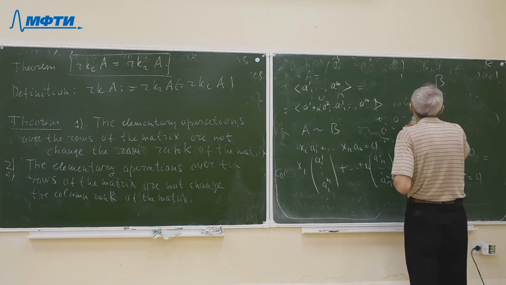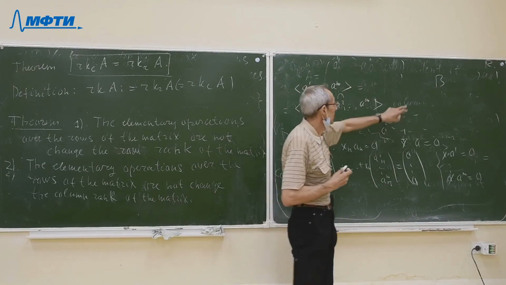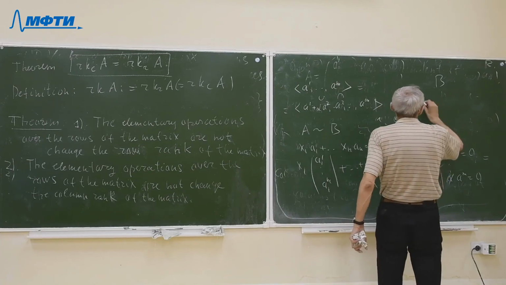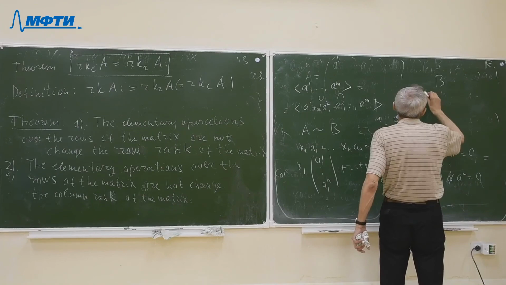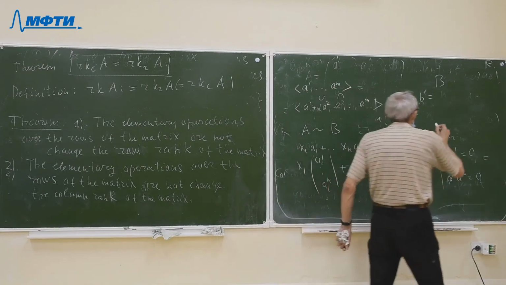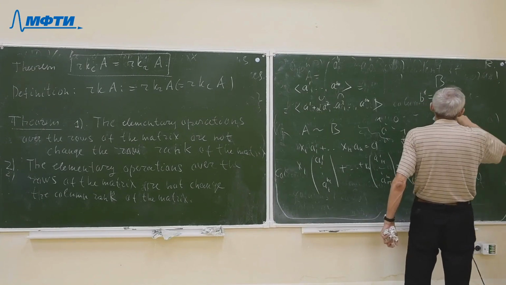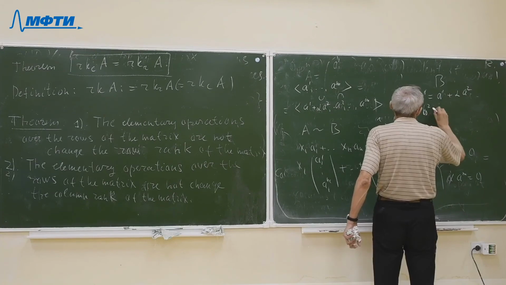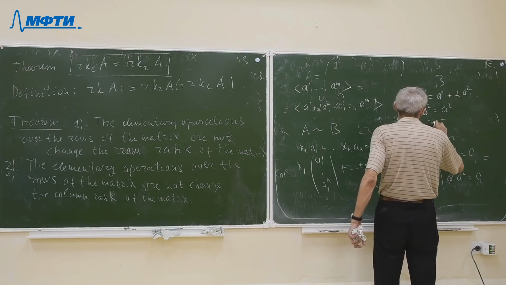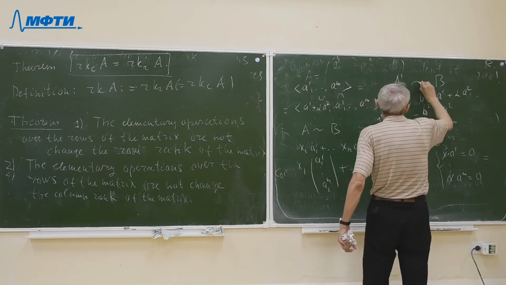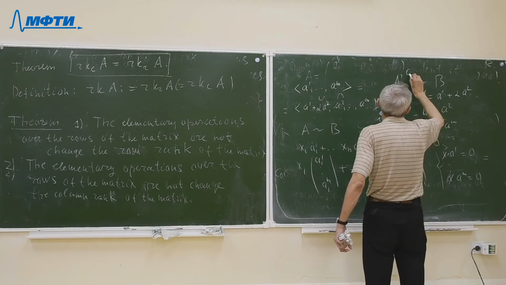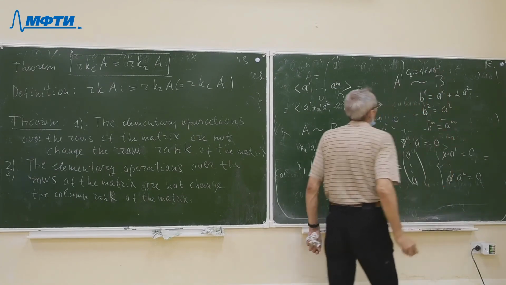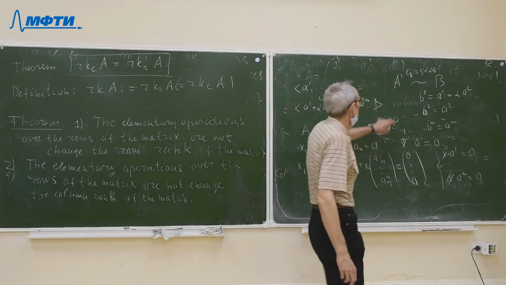Let I have a new matrix B, which is obtained from the matrix A by an elementary transformation. Let the first row of this matrix B be equal to the sum of the first row of the matrix A and the second row of the matrix A, multiplied by alpha. And the other rows of matrix B are the same as the matrix A. Matrix B is obtained by the following elementary transformation.